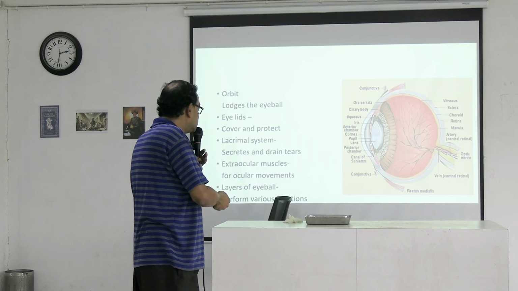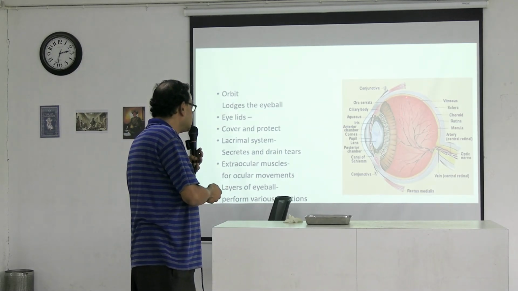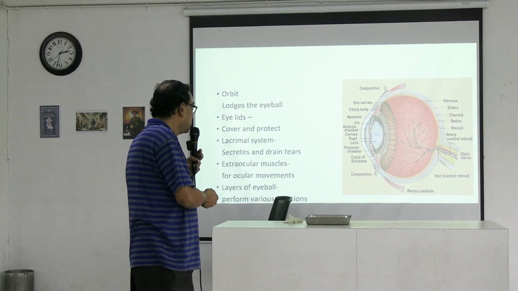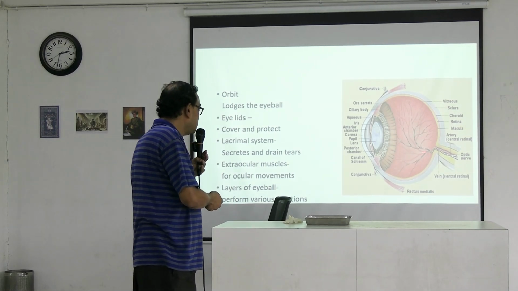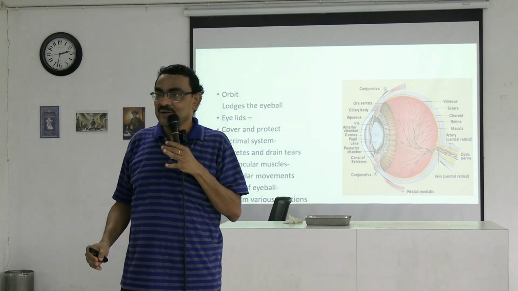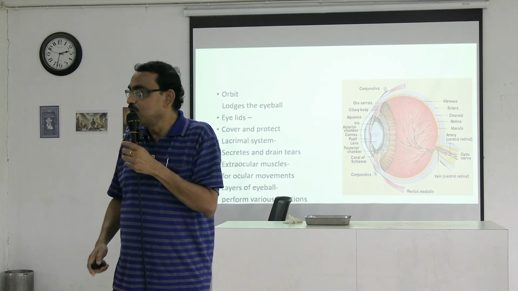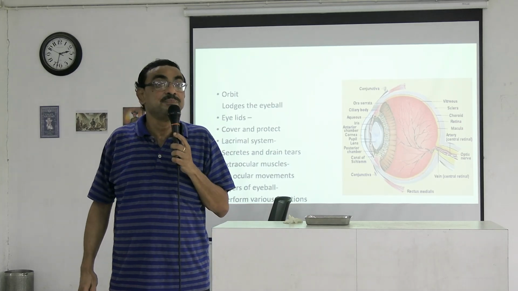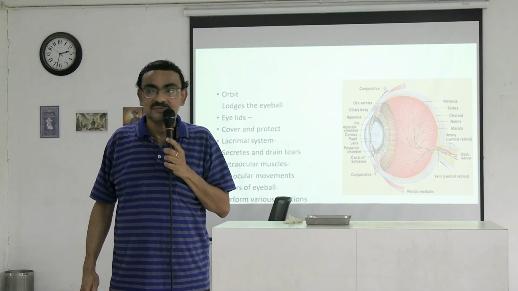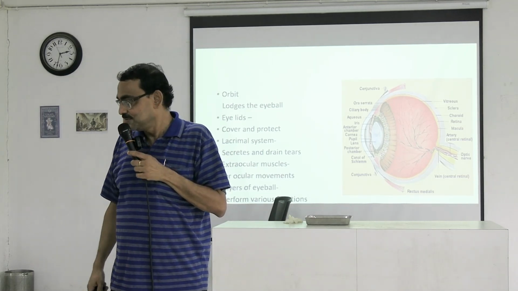So if there is an increased intraocular pressure, there will be a bulging of this area, okay. So the contents will try to come out through the weak points. So lamina cribrosa is a weak point.